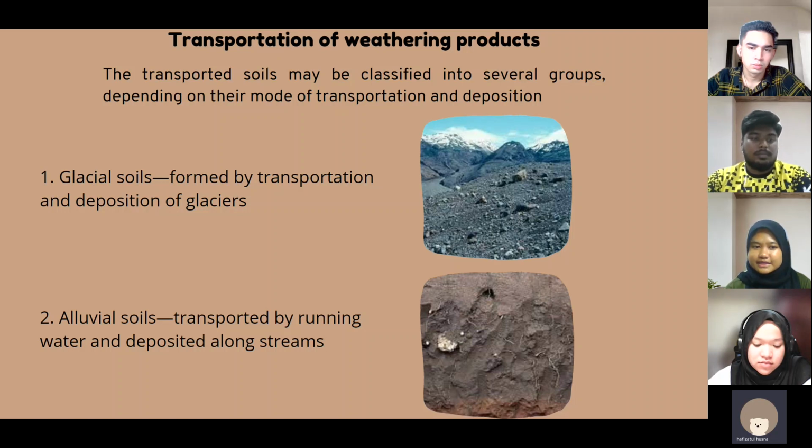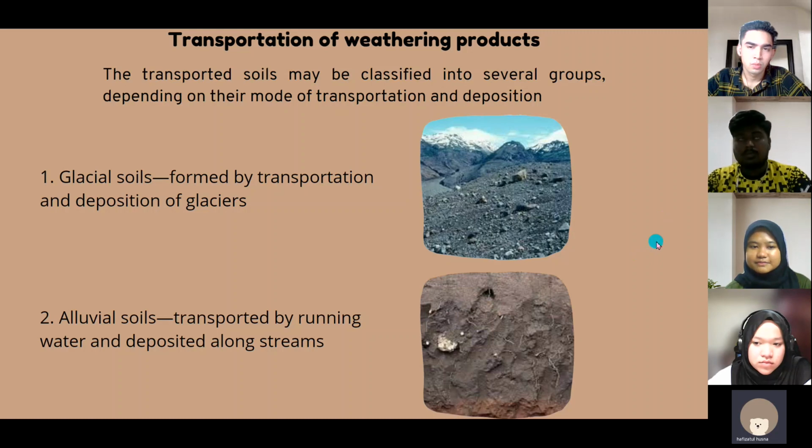Firstly, glacial soils, formed by transportation and deposition of glaciers. So it can be found at places that are icy, as you can see in the picture. Second, alluvial soils, transported by running water and deposited along streams. So nampak dia biasanya dekat tebing-tebing sungai.